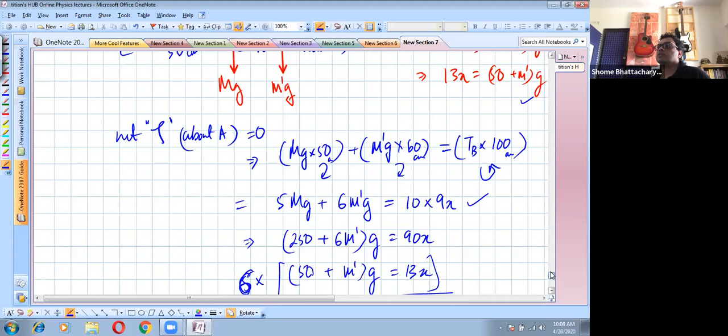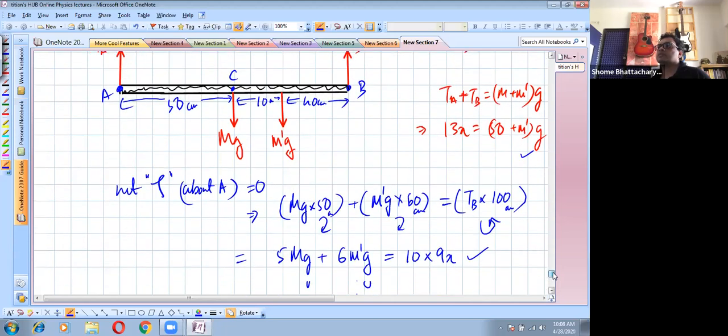Okay, so suppose we change d to 10 centimeters.